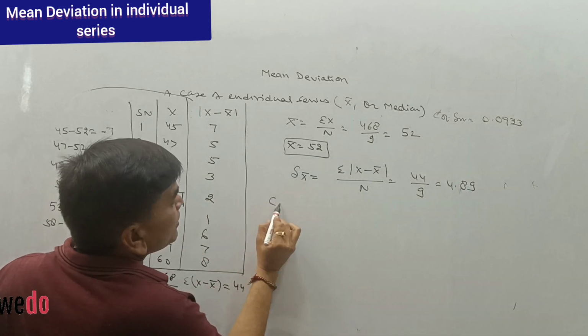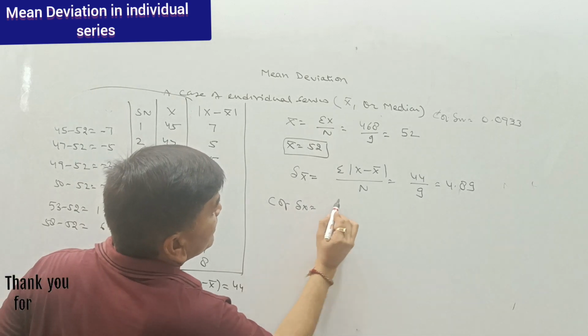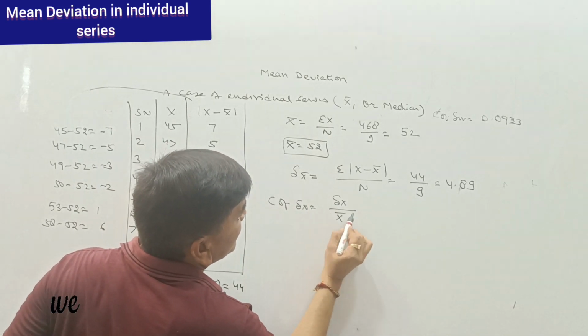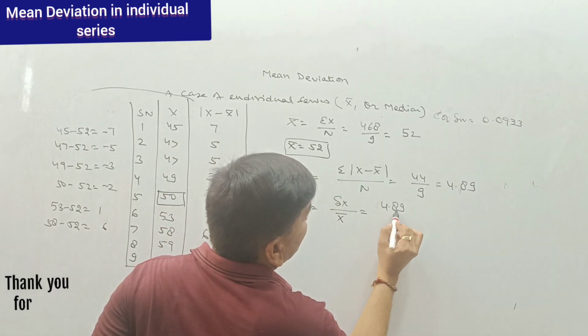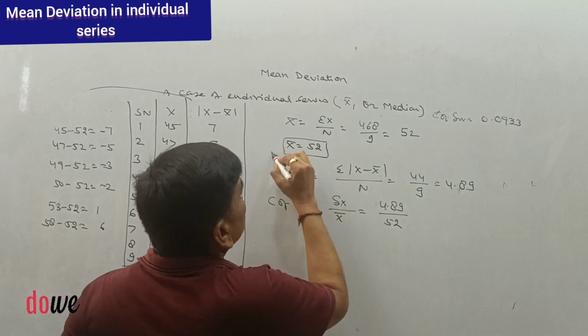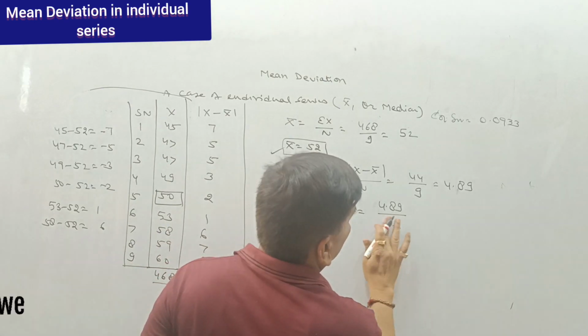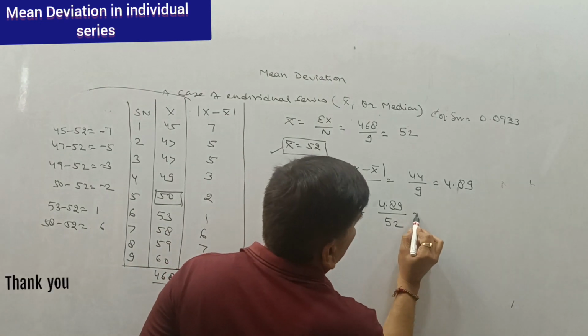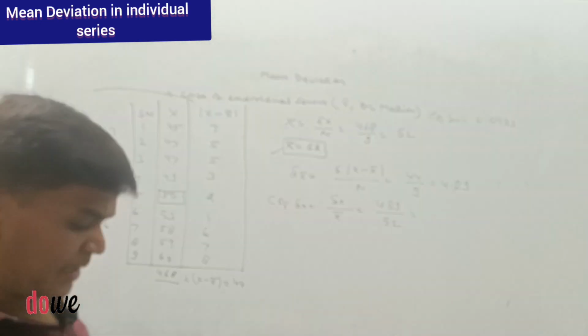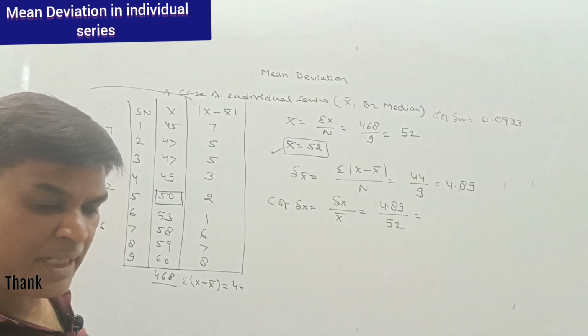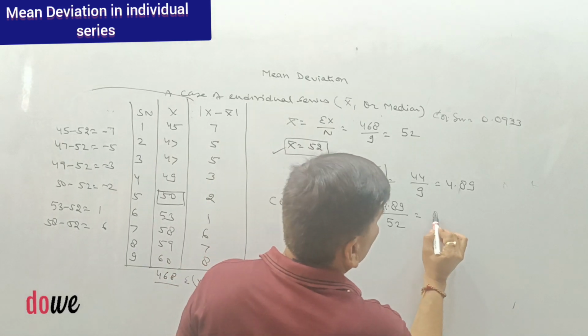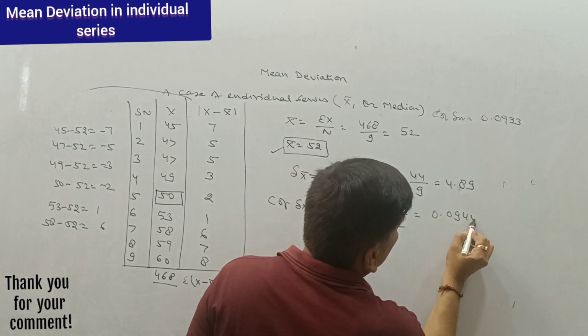Now the coefficient of mean deviation is mean deviation divided by arithmetic mean, that is 4.89 divided by 52, because x bar is equal to 52. So that is 0.0940.